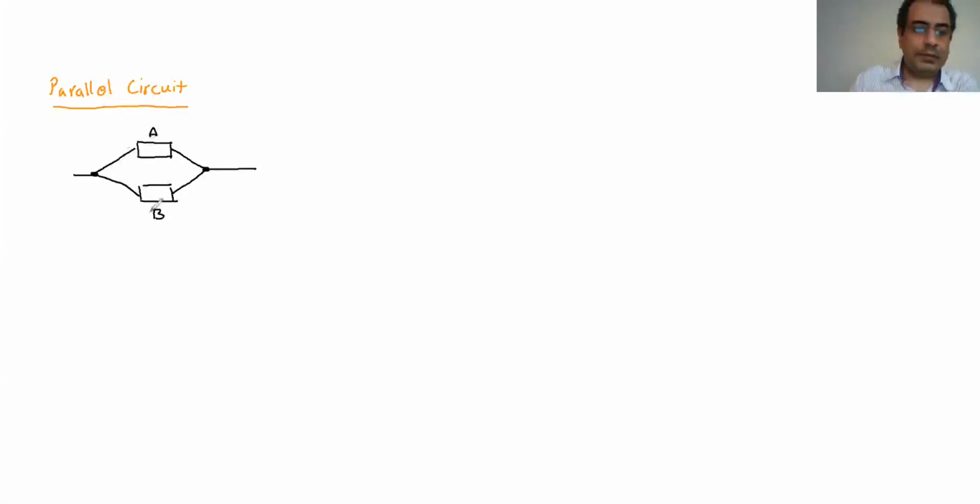So remember, in this case, both ends should be involved. In the series, we would say that if one end of one of them is connected to an end of the other one, that's series. But here, both ends should be connected. So one side connected to each other, the other side also connected to each other. This is how we will say that the two elements are in parallel.